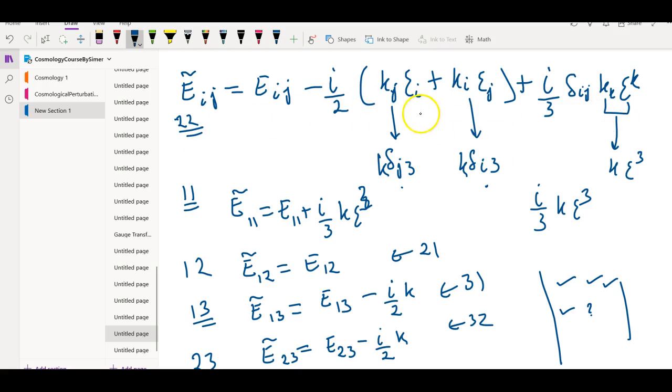And for the 2 2 component, E tilde ij is equal to Eij minus i by 2 k psi 3 plus i by 3 k psi 3. This is the total component.